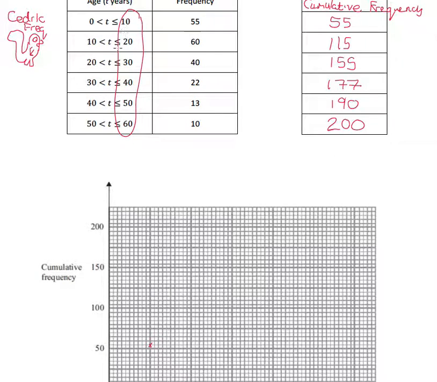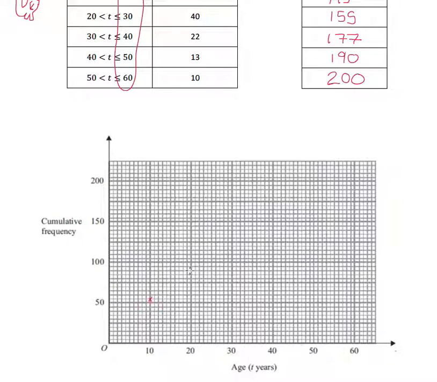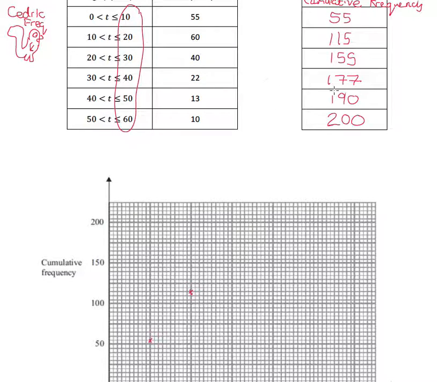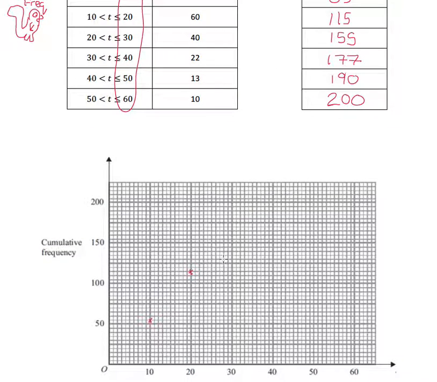Okay. Next one, we're plotting 20 years against 115. So up to 115, that'll be there. Now 30 against 155. That's there. 40 against 177.